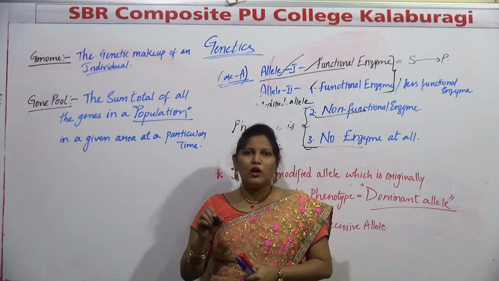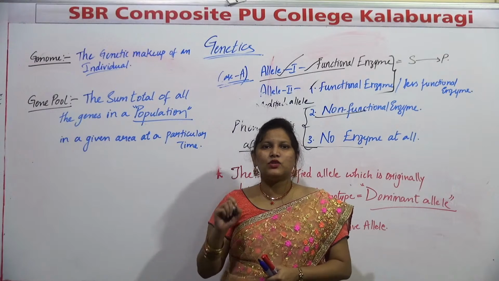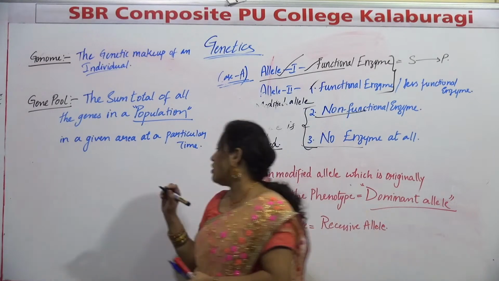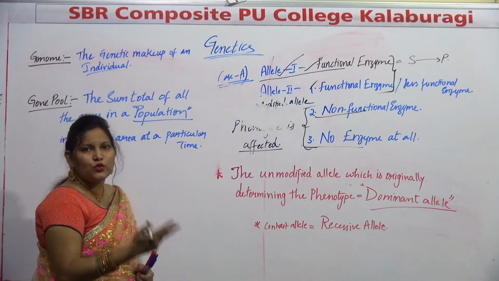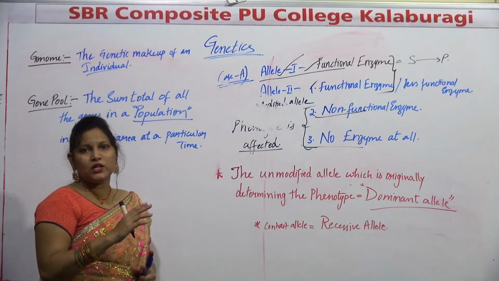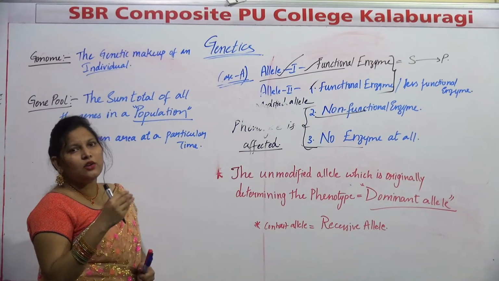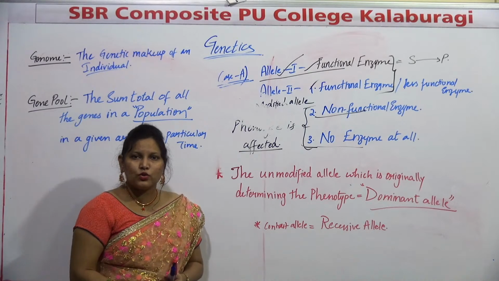What are homologous chromosomes? The chromosomes which are similar in size and structure are known as homologous chromosomes. So always the two alleles, or the two alternative forms of a gene, are located on homologous chromosomes. Never are the alleles of a single gene located on non-homologous chromosomes.